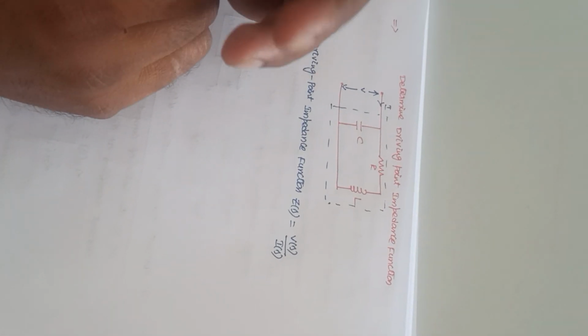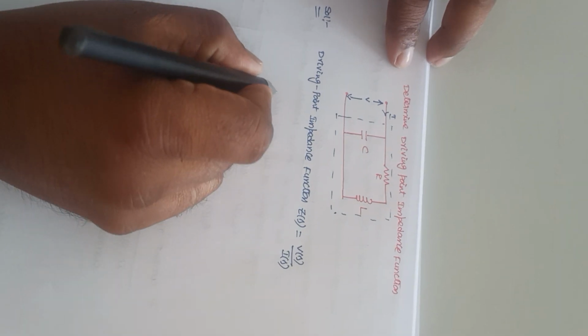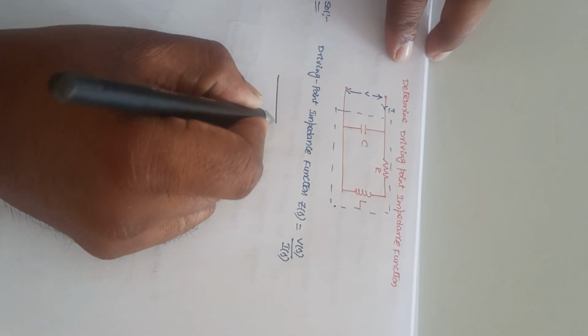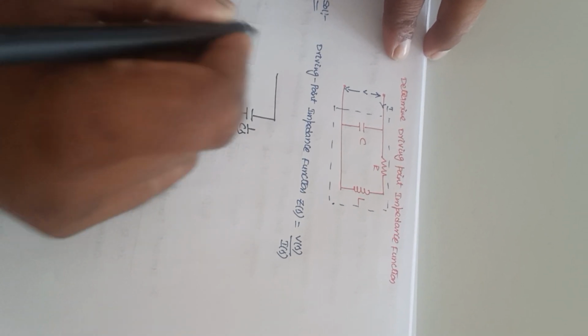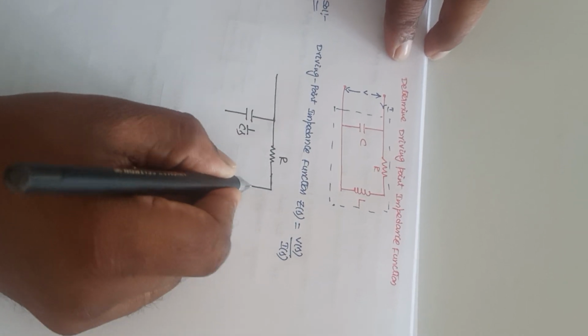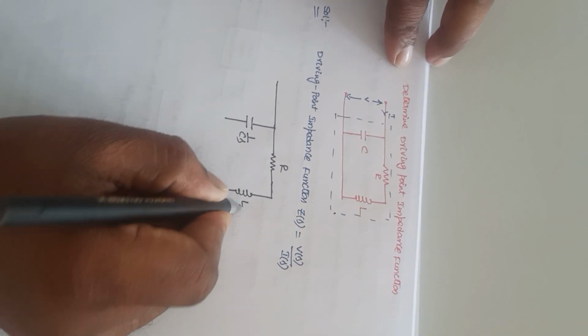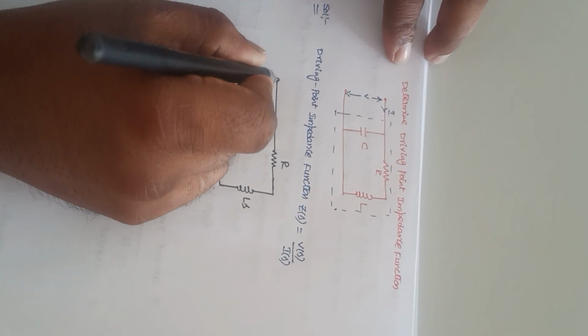So let me draw another circuit which represents the transformed network for this. So it is a frequency domain network. So it is named as 1 by CS. If it is R, it is R, and if it is L, then it becomes LS. So this is the frequency domain network.